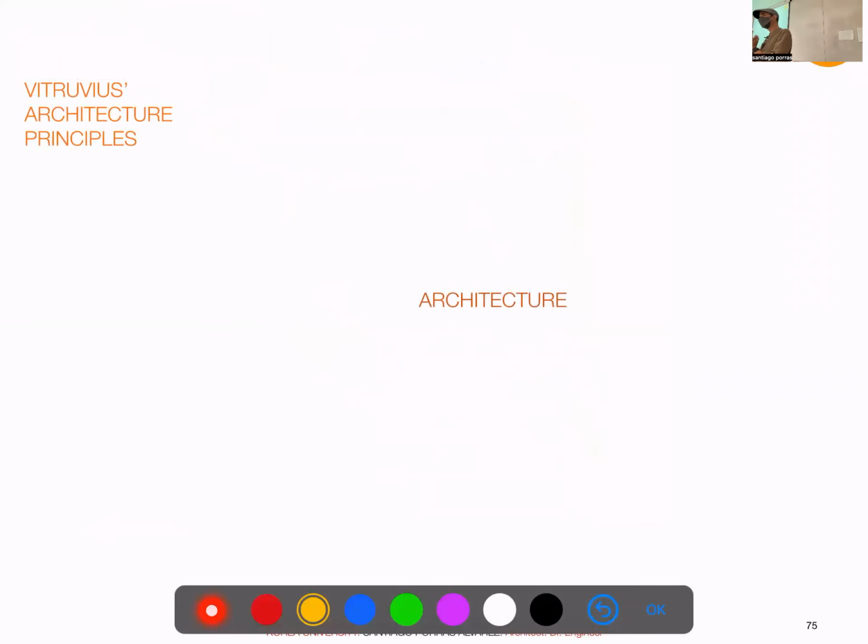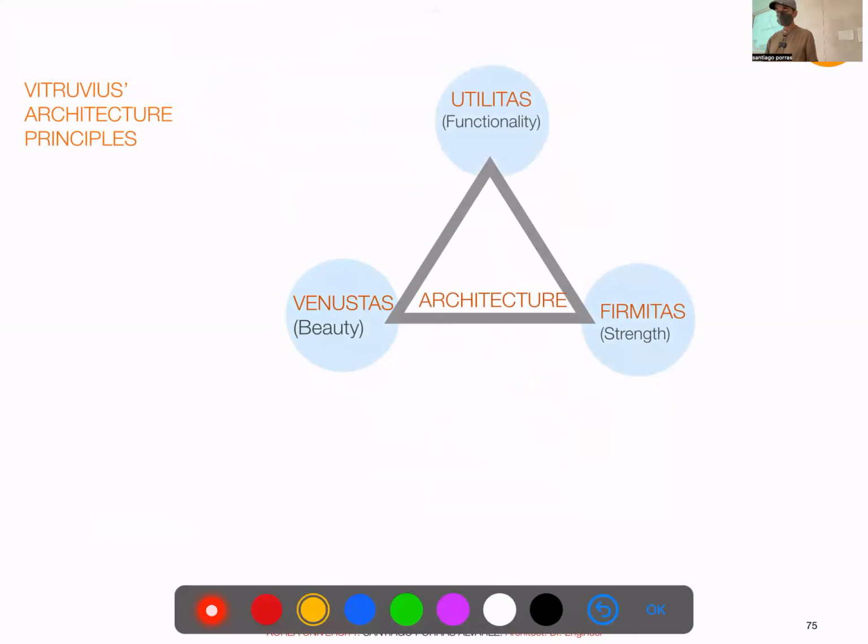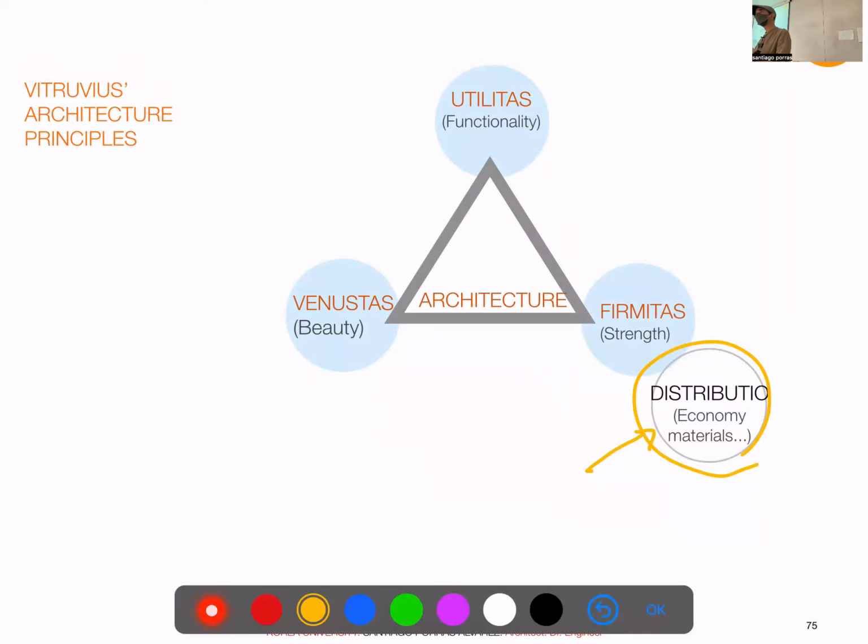And if we go to the three words, we don't need to rely only on quotations. You have to read the book. And I will go a bit deeper because it is interesting. Architecture is defined in three principles, but Vitruvius elaborates on that. And Firmitas goes into what we call distributio, the reasonable use of the materials, proper materials in an economic way, what we need.